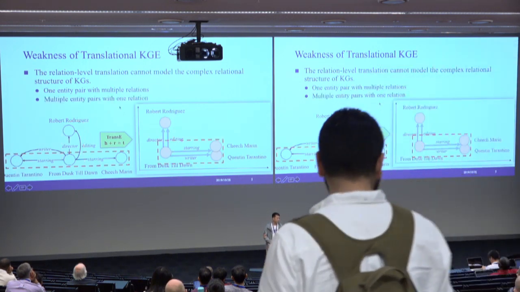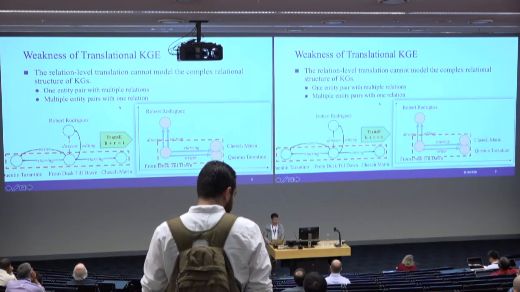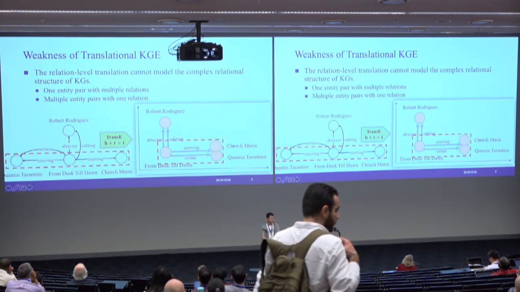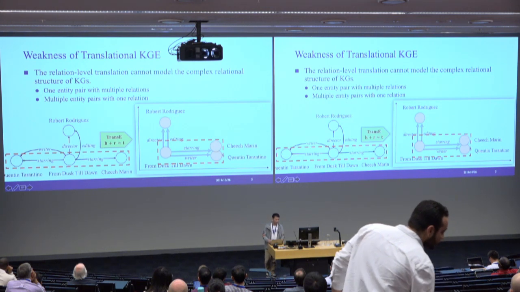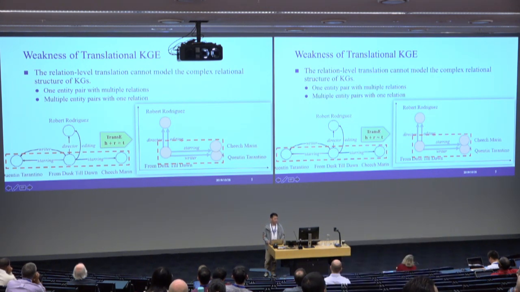And when multiple entity pairs have only one relation, then the embeddings for the entities are very similar. If we use these similar embeddings to do inference, it may cause errors.